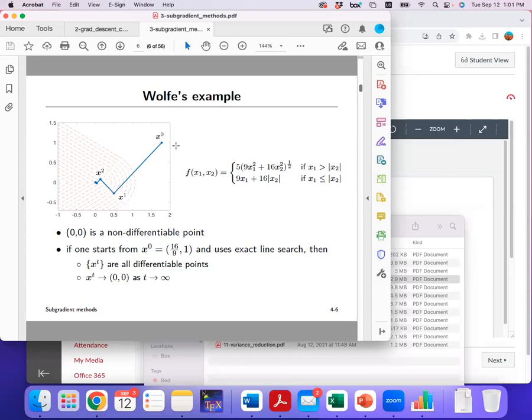But if we do a line search, this algorithm will get stuck at a suboptimal point. So this x_t will go to the origin point, (0, 0).